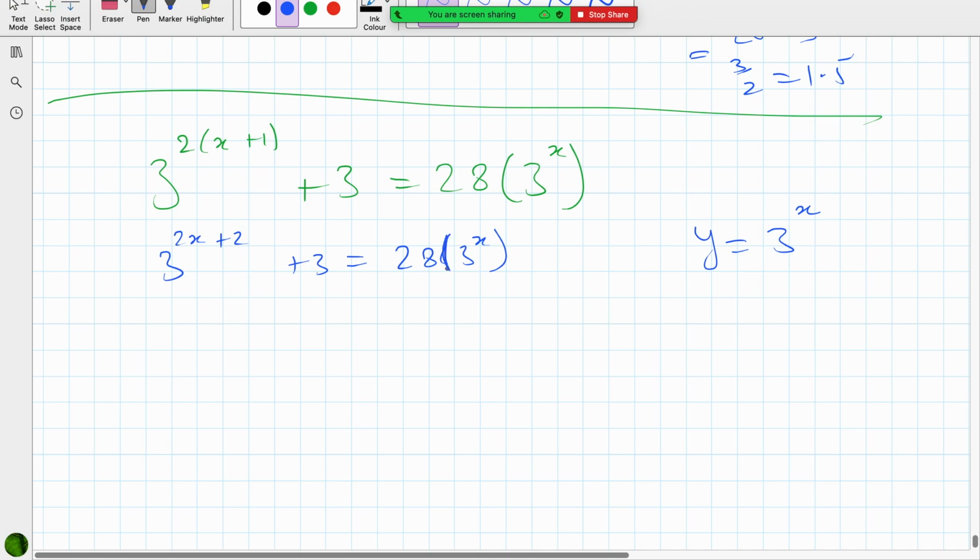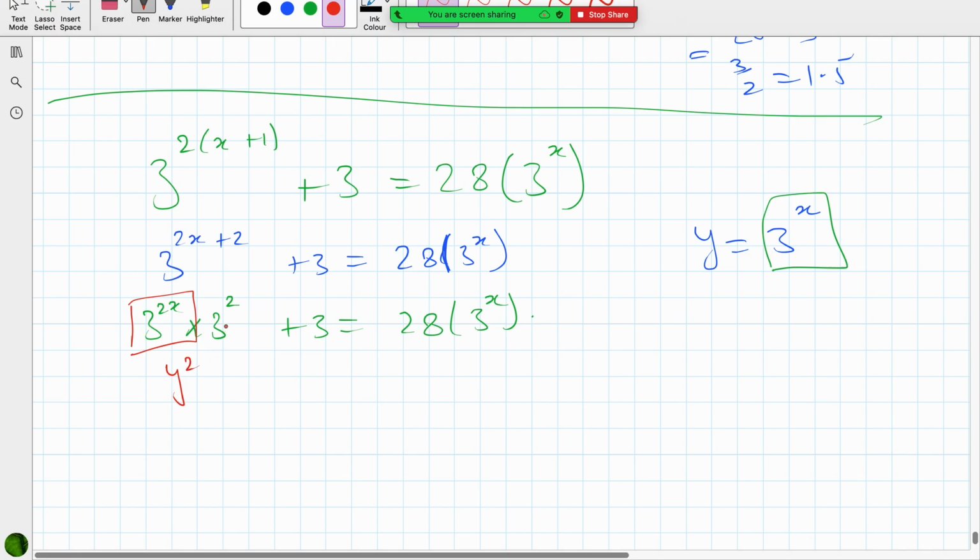First step. Second step. We are trying to isolate 3 raised to the power x. So this becomes 3 raised to the power 2x multiplied by 3 raised to the power 2. Next step. 3 raised to the power 2x could be written as y square.